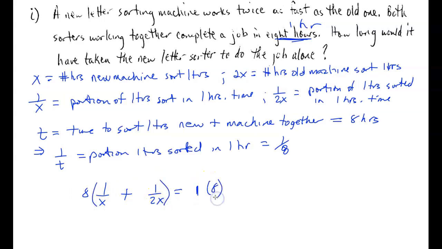And so here we essentially have this. And so our new equation, because of this, will end up just being 8 over x plus, and if I distribute here, this would end up being 4 divided by x.